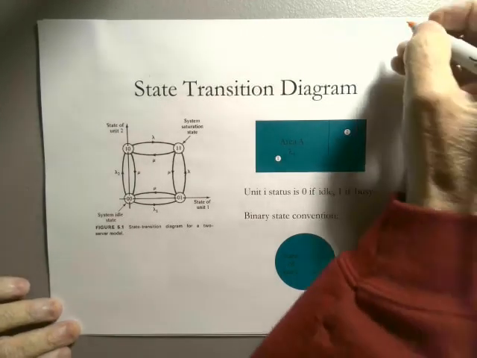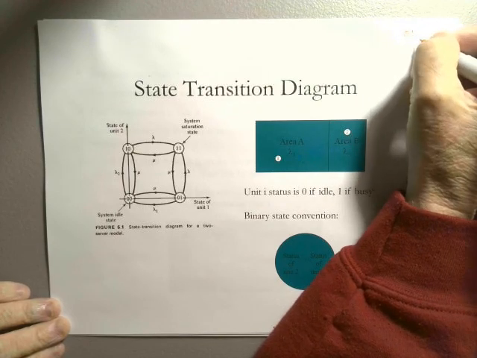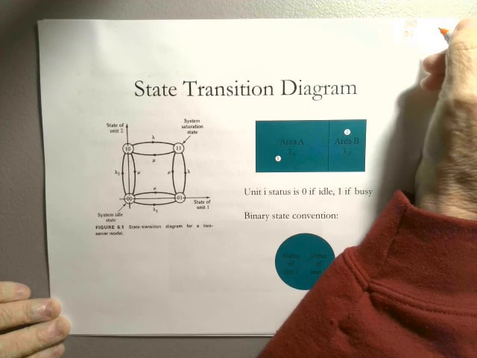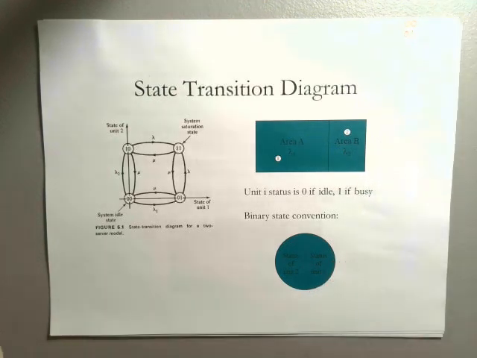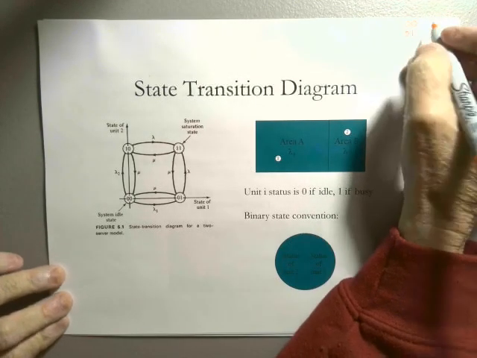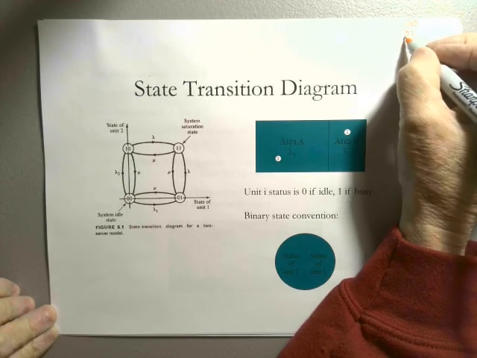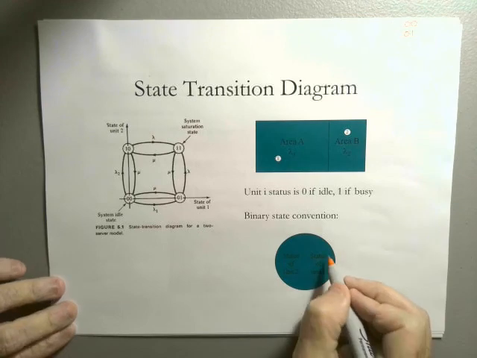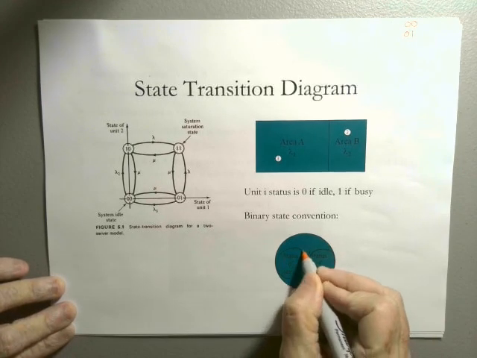You might remember that in binary notation this would be the number 0, this is the number 1, this is the number 2, and so on, but it's not really a binary number, okay? So we'll have these 4 states. We'll have 0,0, which means both servers are idle. We'll have 0,1, which is going to mean that unit 1 is busy, unit 2 is idle.